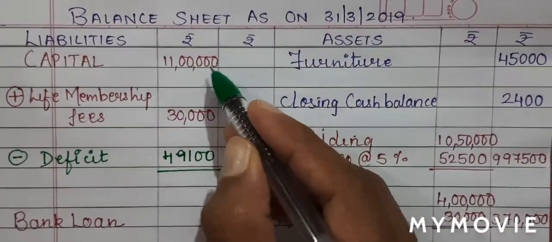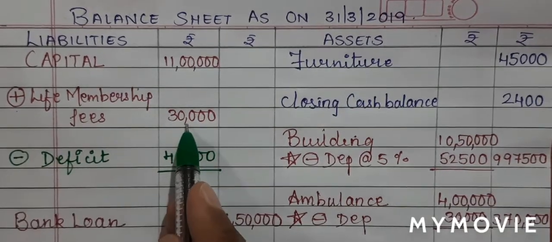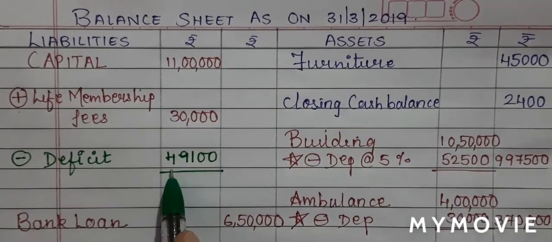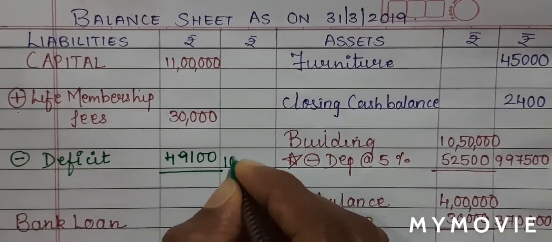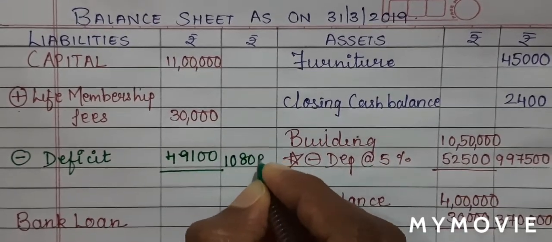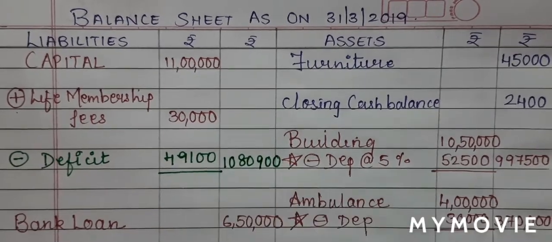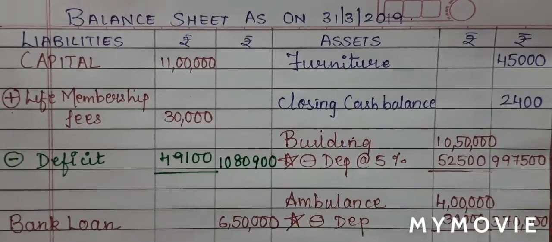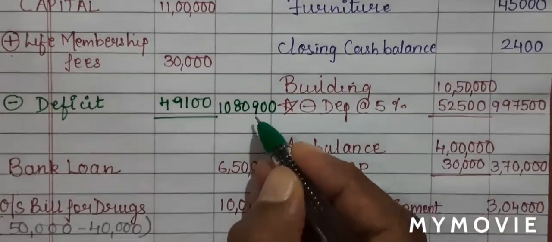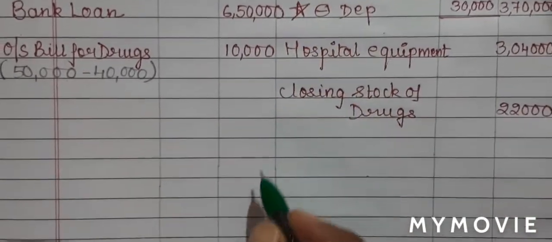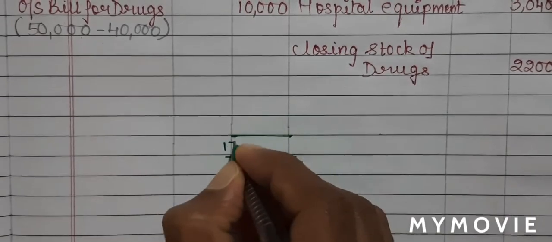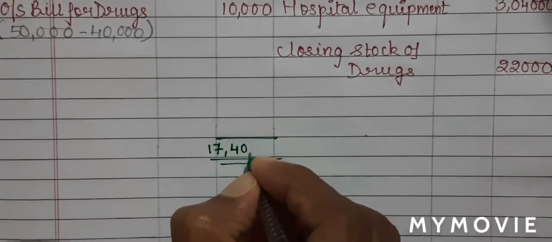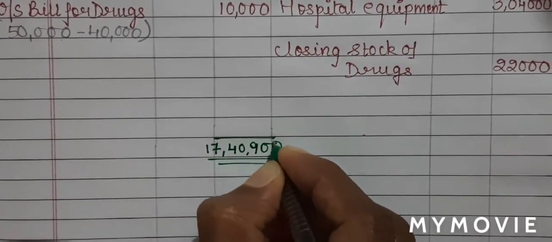We will now total the capital amount. So 11 lakh plus 30,000 minus 49,100. Get a balance of 10,80,900. Now in the same manner, I will total the liability side. When I total the liability side, I get a total of 17,40,900.